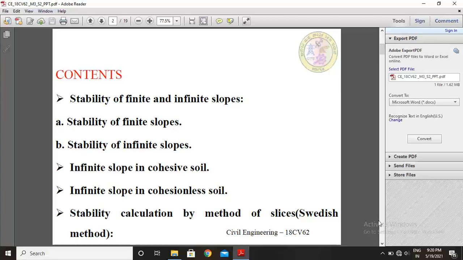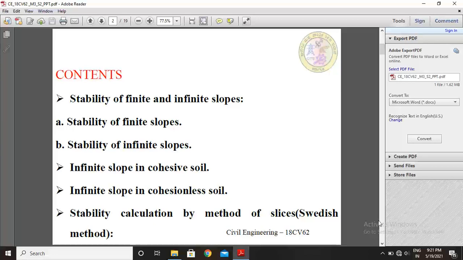So let us see. This slide explains the contents. Today's session 2 explains these contents in detail. The first point is stability of finite and infinite slopes, to determine the stability of finite and infinite slopes.